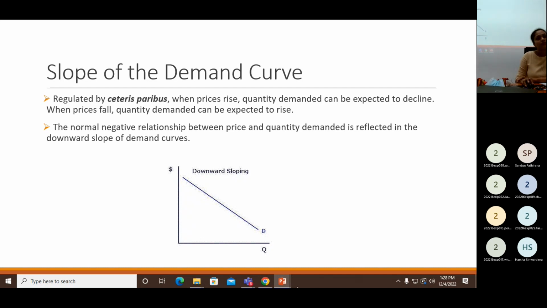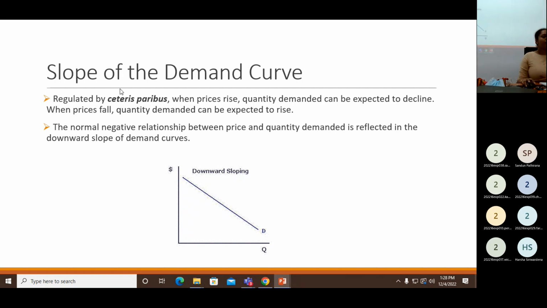Prices go up, the quantity will be lower. Okay. So when the price of a product increases, demand for the good will decrease, right? There's a negative relationship between price and the quantity demanded.